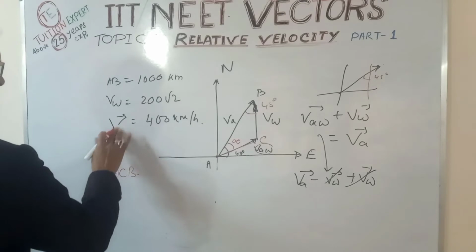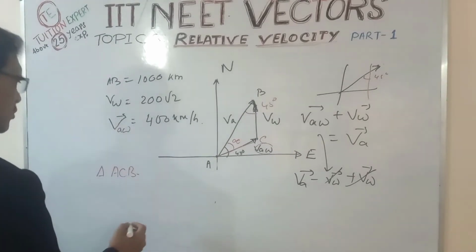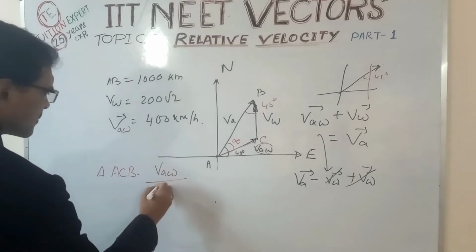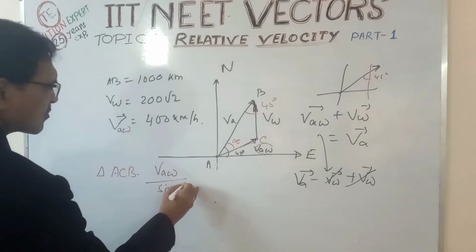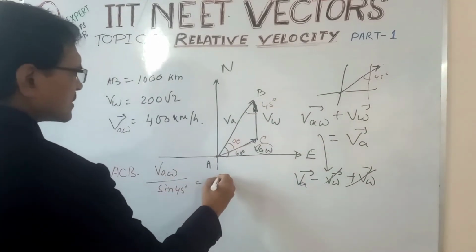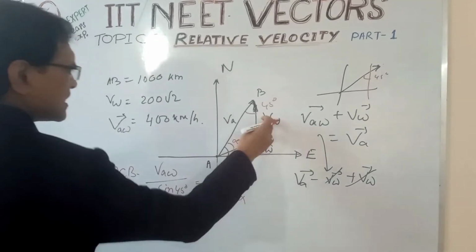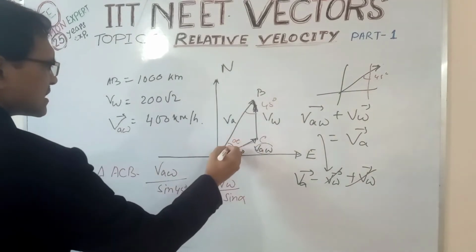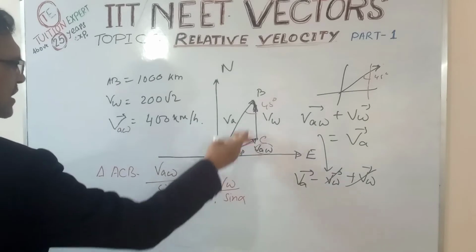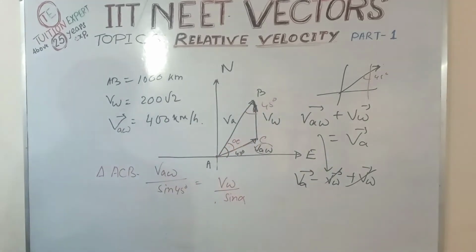So VAW is 400. So applying sine rule, this by this equal to this by this, this by this opposite angle this. So this by this equal to this by this.